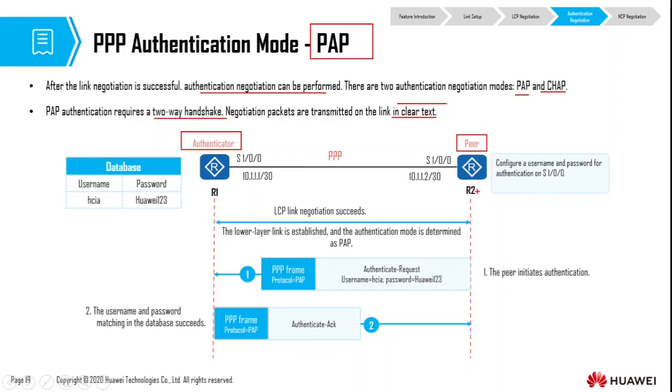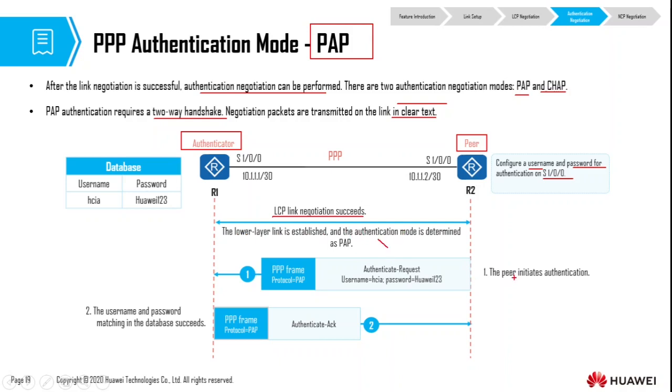So on R2, we are going to configure a username and a password for authentication on S10/0/0. Now, after the link negotiation succeeds, the link layer is established, and the authentication mode is determined as PAP.